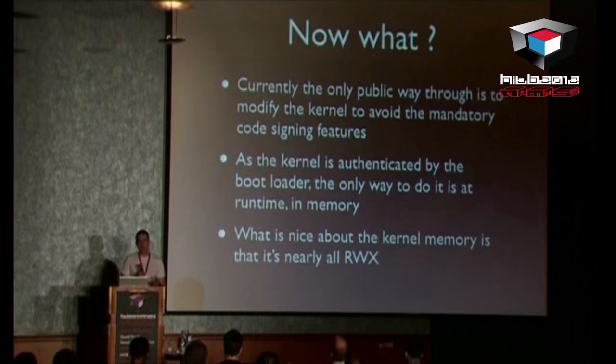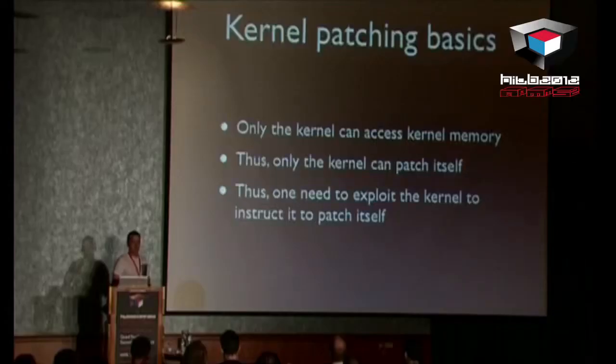security features. What is nice about the kernel memory is that it's nearly all read, write, and execute. This is really interesting. You'll see that later. So, how to patch the kernel in memory?